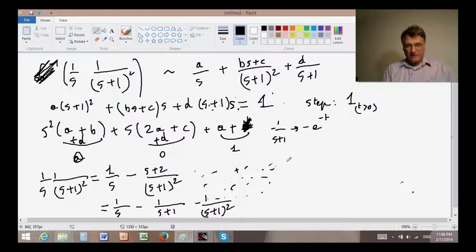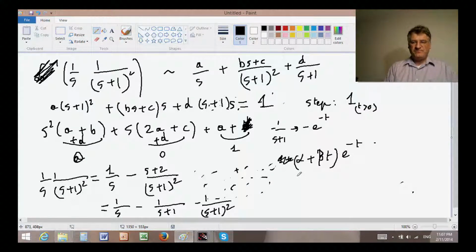Well, this requires a little bit of care. We're going to say that this is something along the lines of alpha plus beta times t times e to the minus t. What alpha and beta will be, I don't know, but we can transform that back into the Laplace domain.